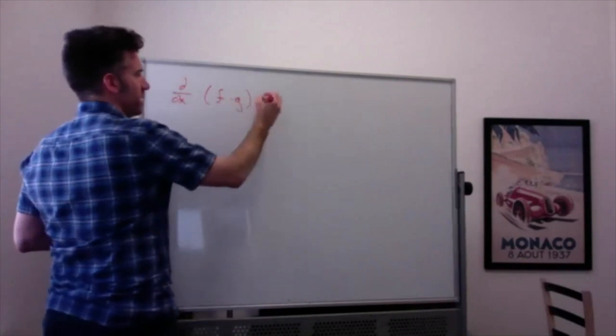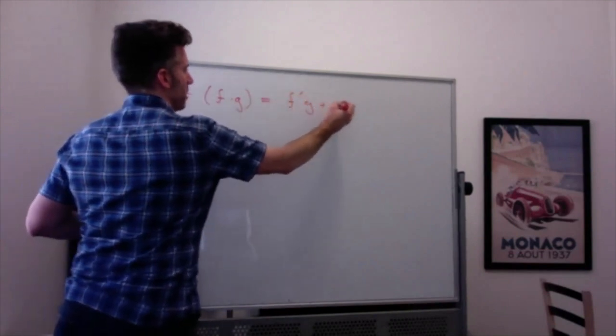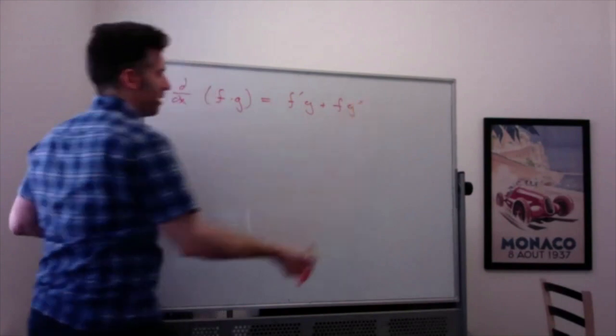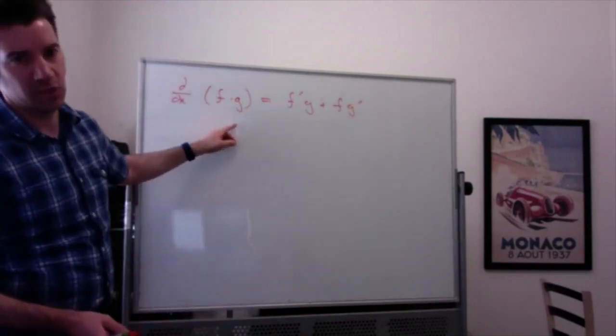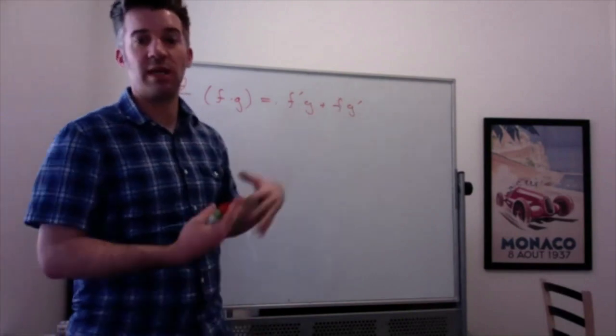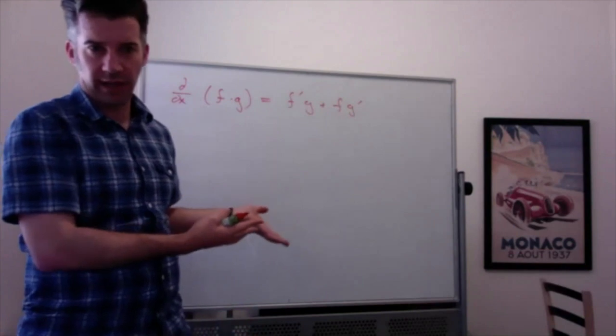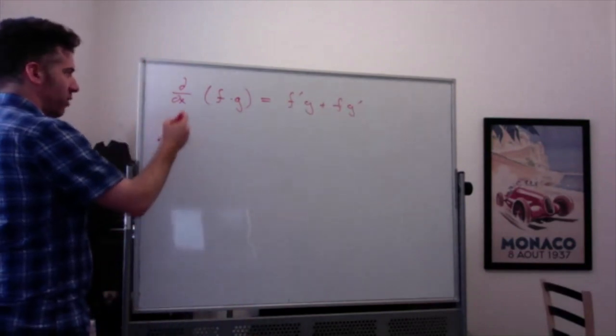The product rule says the derivative of f times g is f prime g plus f g prime. You can write it out more lengthily, like f of x times g of x, but the of x part is very much implied here. So that's the product rule.